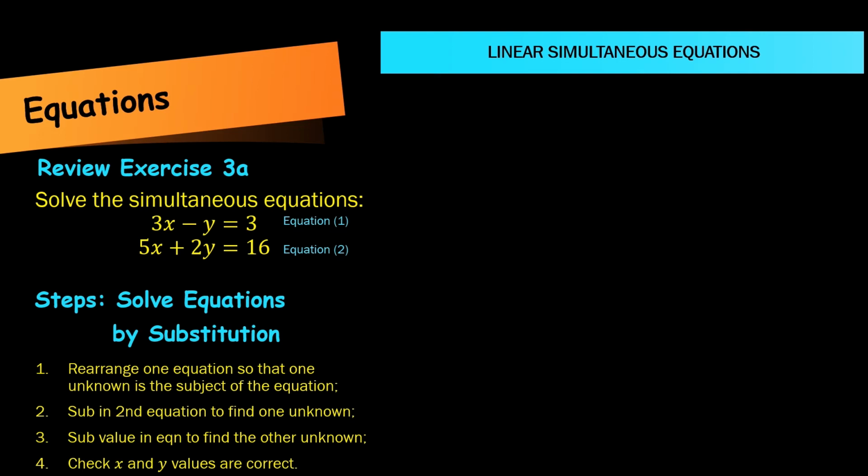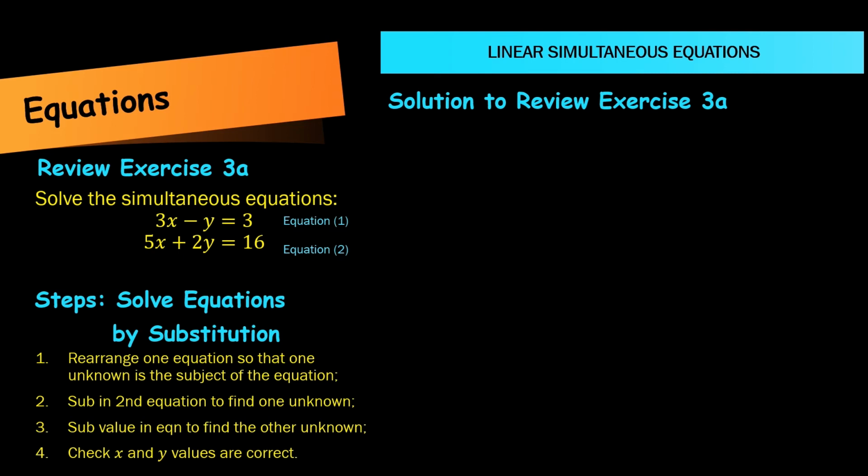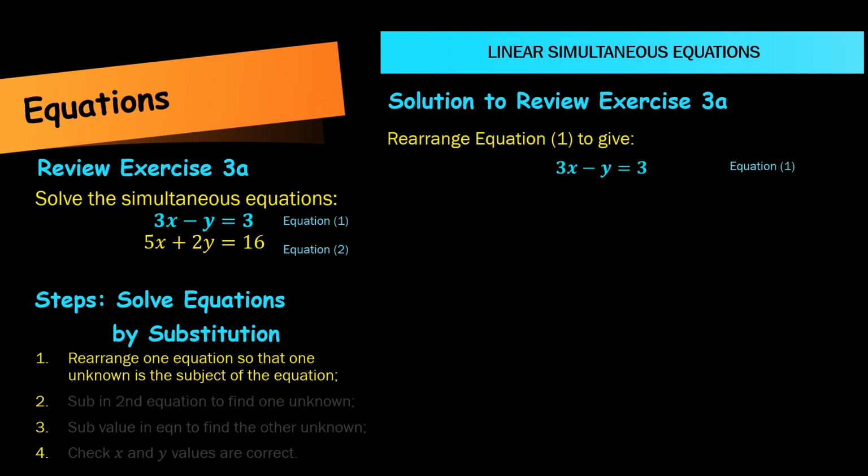So let's solve this. We rearrange equation 1 to give 3x minus y equals 3 implies 3x equals 3 plus y. Notice we've added y to both sides.